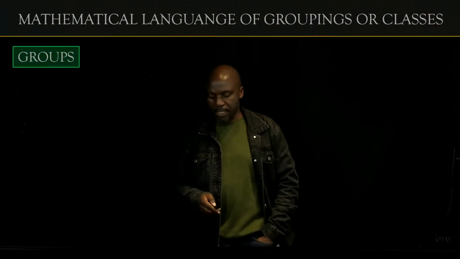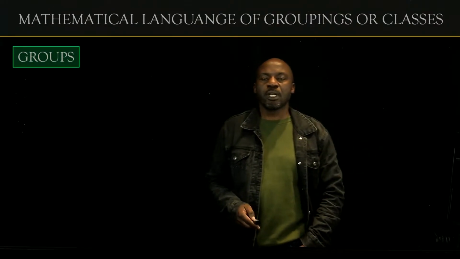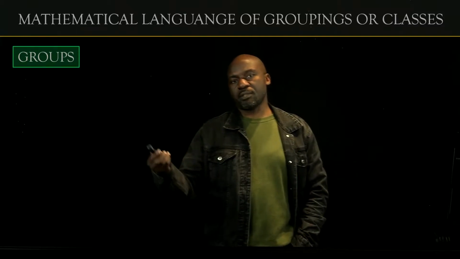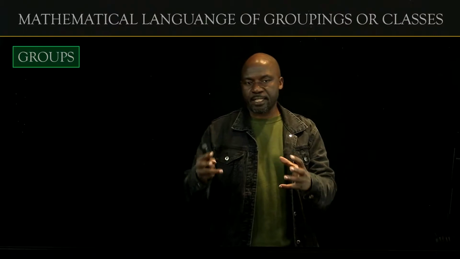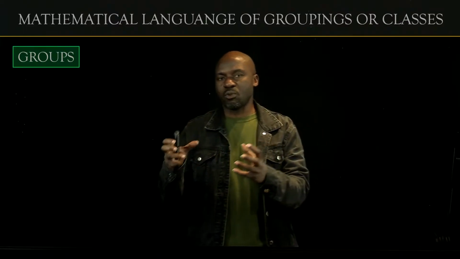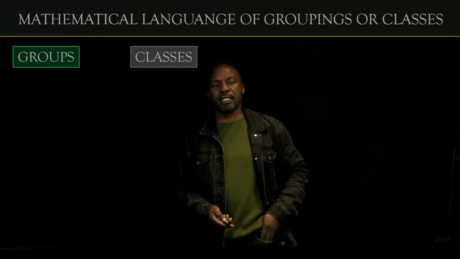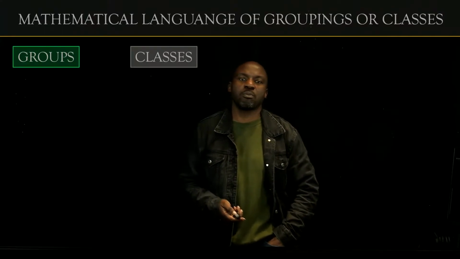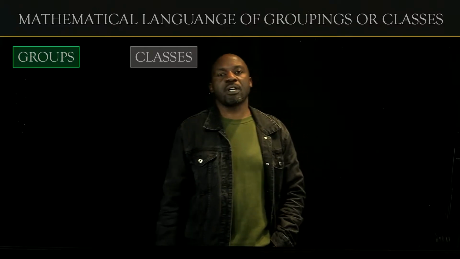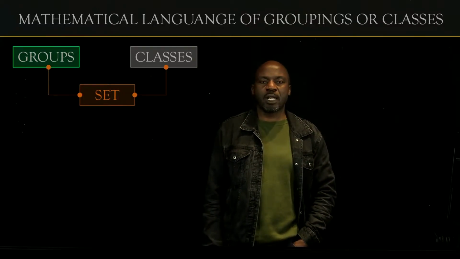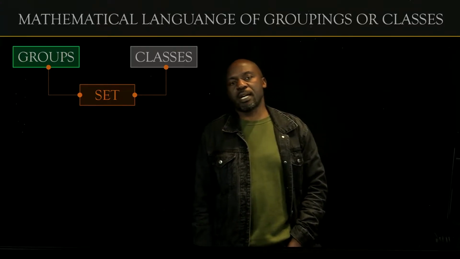So let's get into what has brought us into this. While in other subject areas we refer to these as groups, we put things into groups, or we put things into classes, in mathematics, we don't use the term groups or classes. Instead, we prefer to say sets. So we replace the term groups or classes with the term set.